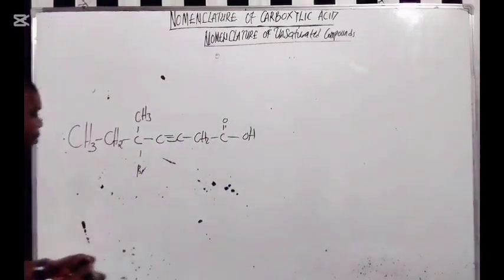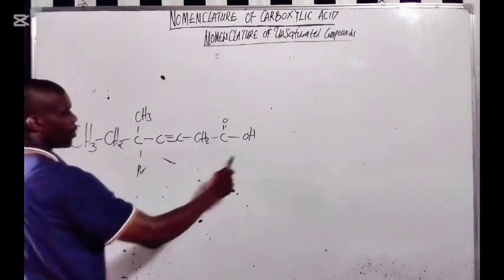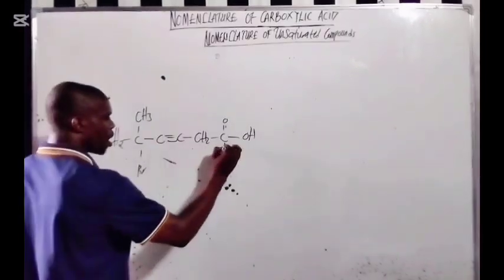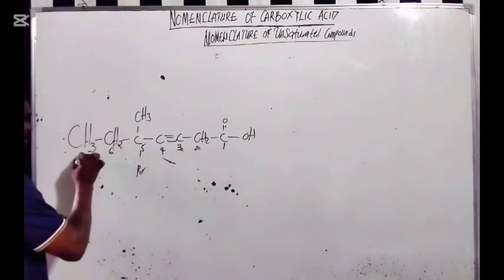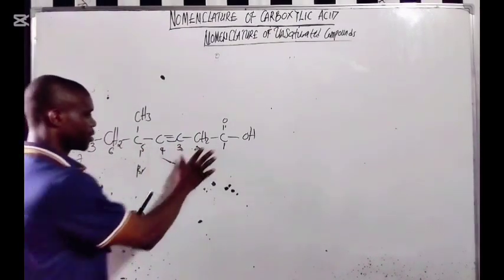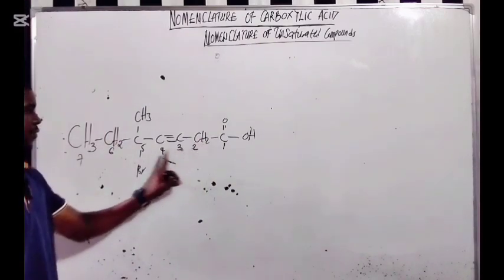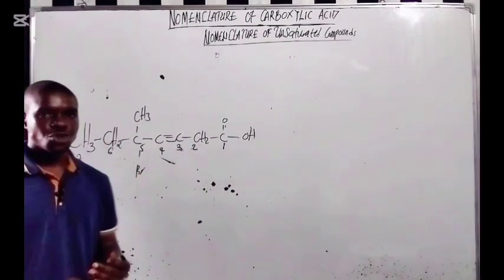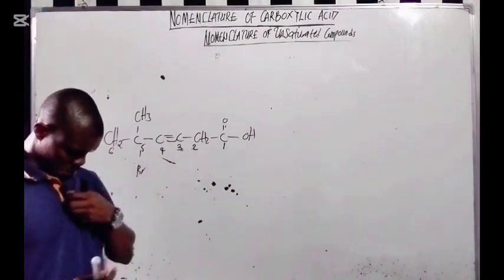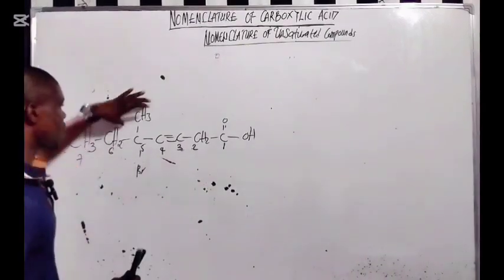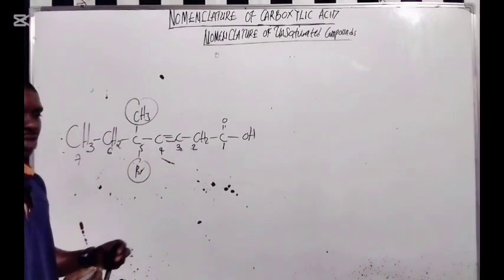If you check very well, you have 1, 2, 3, 4, 5, 6, 7. Let's get the parent name first, because once you get your parent name, you can easily add your substituents. Here we have 2 substituents. It's very easy.